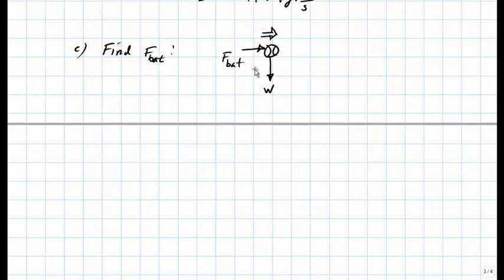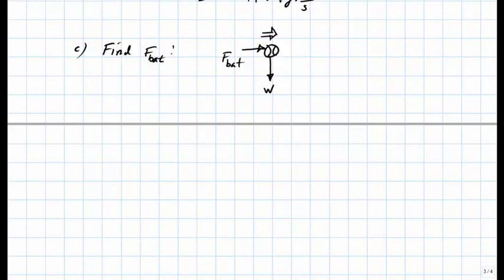Now, it's important to note that the bat will exert a force that is much, much higher than the weight of the ball. It's so much higher than the weight of the ball that the weight has virtually no influence whatsoever as to what happens to the ball while it's in contact with the bat.